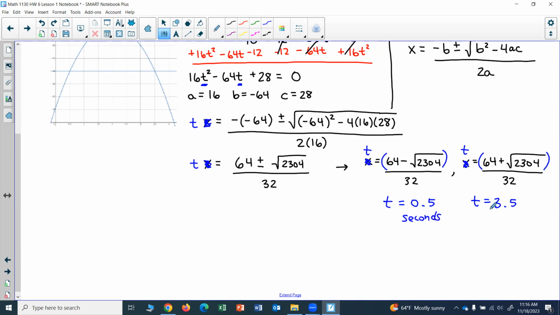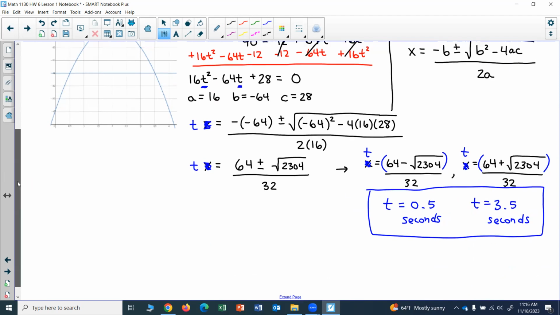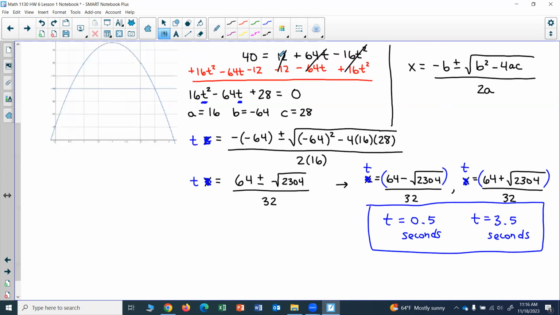Now, checking the answer, we've gone over this in previous videos, but to check your answer, what you would do is take those values and plug them into your original equation. So my original equation is 40 equals 12 plus 64t minus 16t squared.